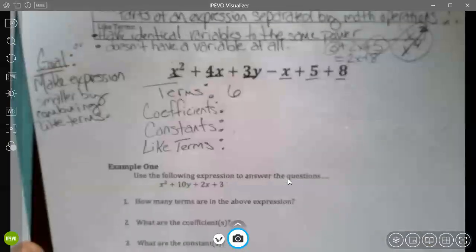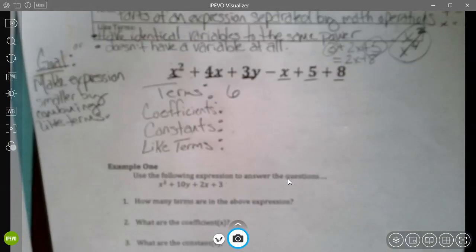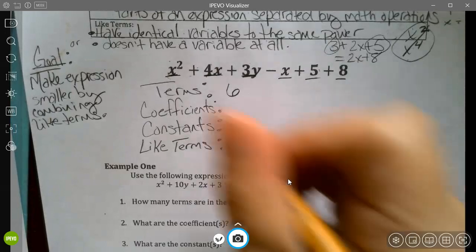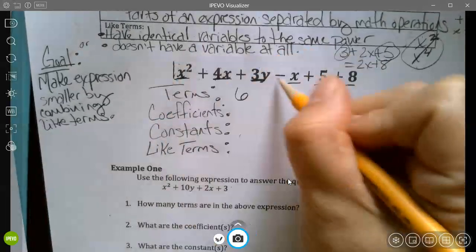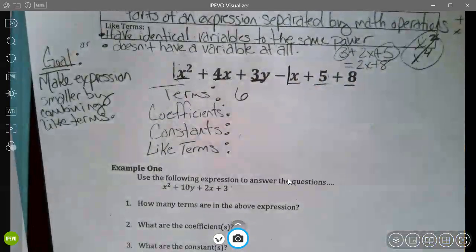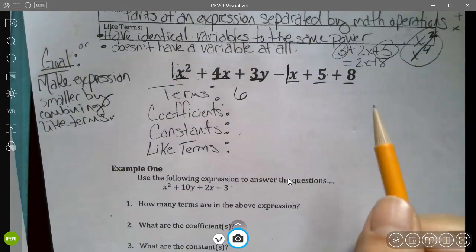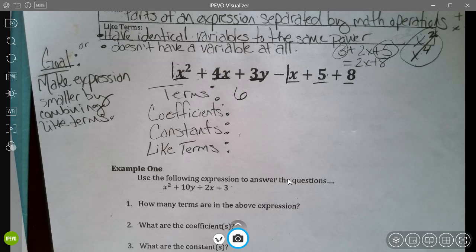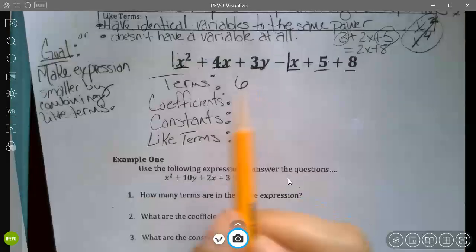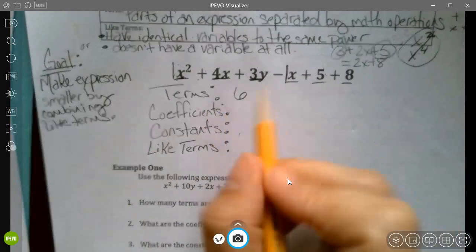So when you see your expression and there's nothing in front of that variable, you should just go ahead and write a 1 in front of those with a variable, and that way it'll make it easier for you to answer. So coefficients, what are my coefficients?